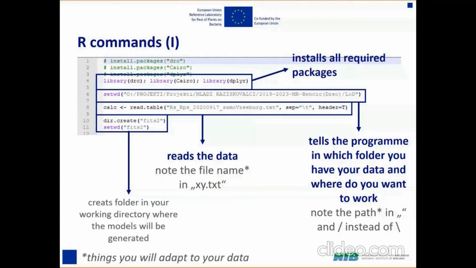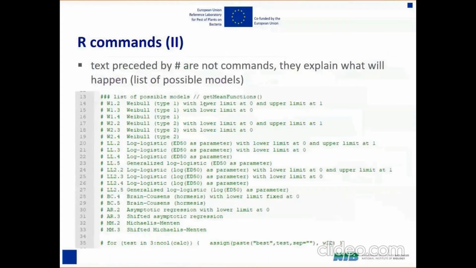So the next part of this long list of commands you will get are basically descriptions. So anything in R statistical that starts with this, how's this called in English? Hashtag, thank you.